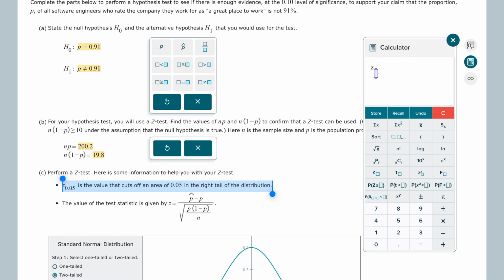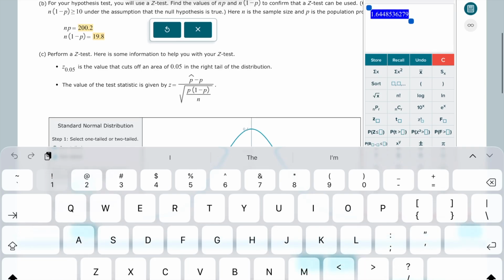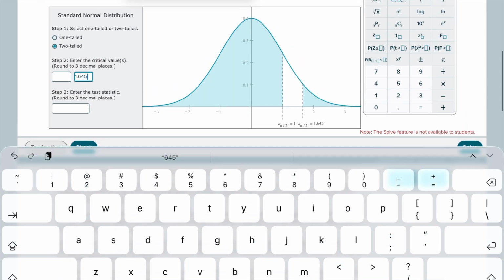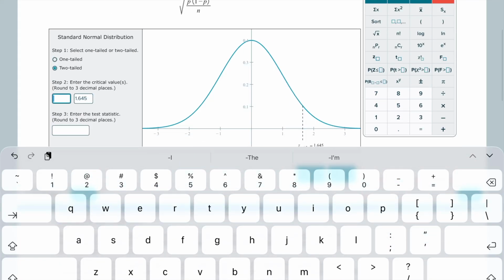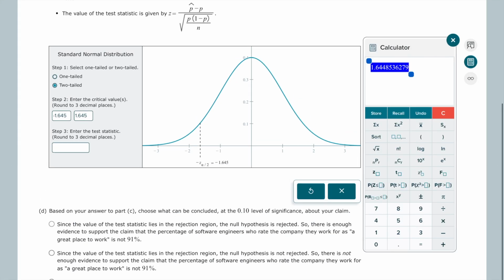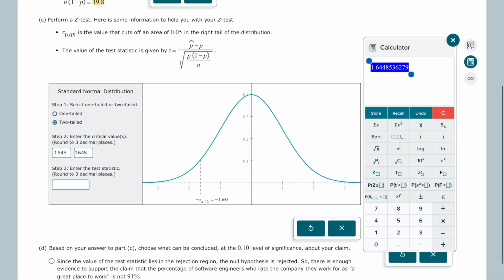So you're going to use that button on the calculator and 0.05. My one on the right is positive, so it's on the right: 1.645. The one on the left is the same thing, but negative. If it's the left tail, you'd only use the negative. If it's the right tail, you only use the positive. If it's both, you use both. Okay? Does that make sense?